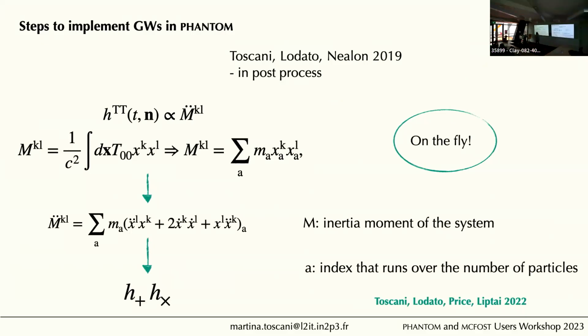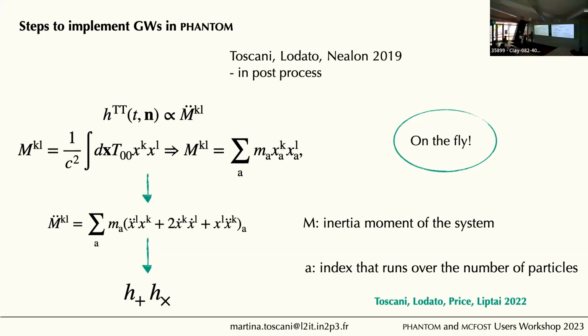Well, what we did in practice to write this module was transcribe numerically the quadrupole formula, the quadrupole approximation, that I know is an approximation for sure, but I think it's already a good starting point to begin studying gravitational waves. So this approximation is telling us that the gravitational wave strain is proportional to the second time derivative of the moment of inertia of the system.